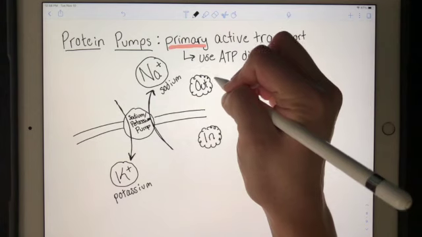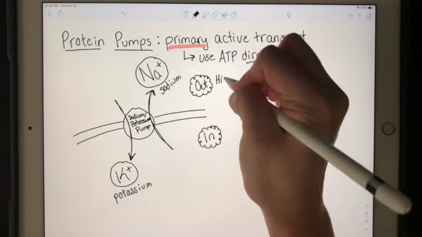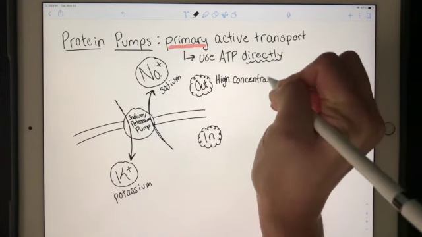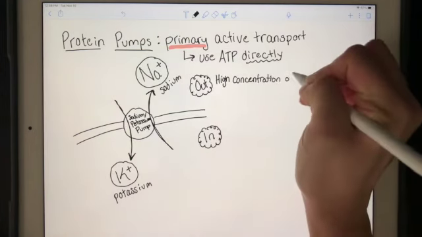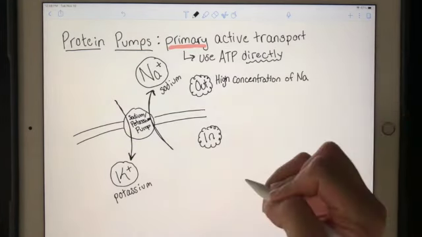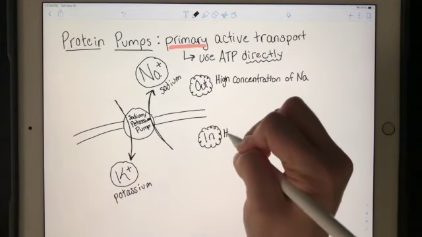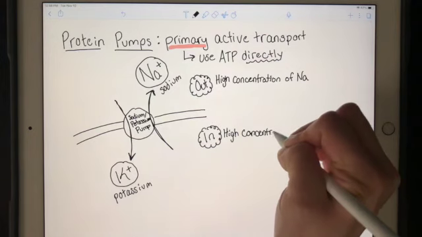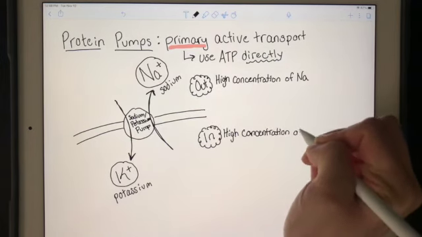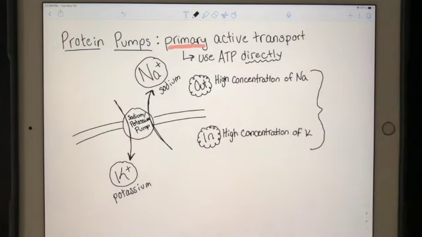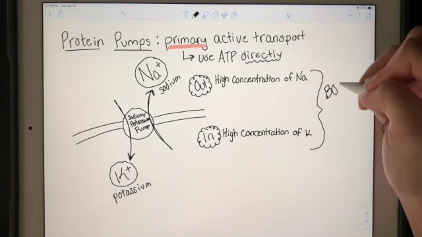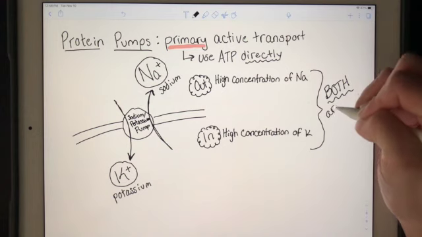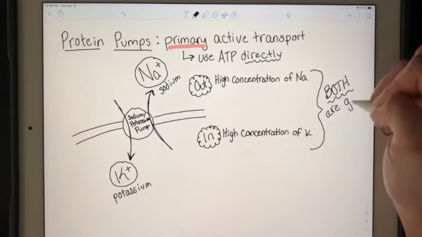That's because outside the cell already has a high concentration of sodium ions. And inside the cell already has a high concentration of potassium ions. And what this means is that both of these ions are moving against their concentration gradient.